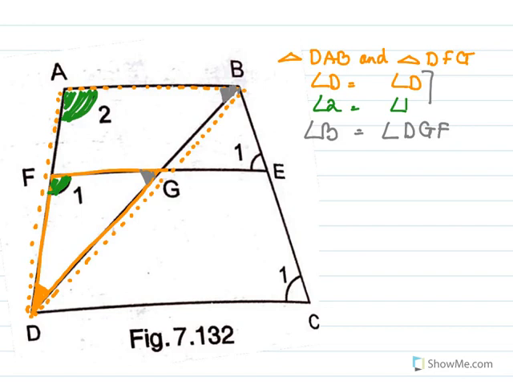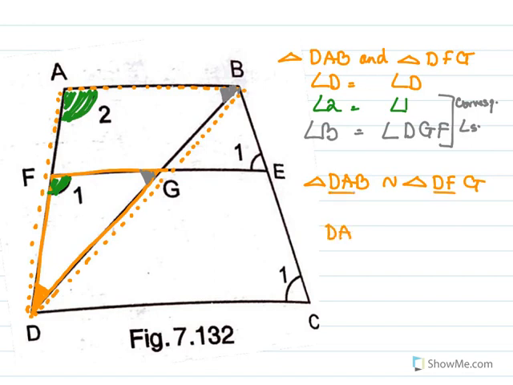These two are corresponding angles. So the triangles now are similar. Triangle DAB similar to triangle DFG. Therefore DA over DF equal to AB over FG equal to DB over DG.